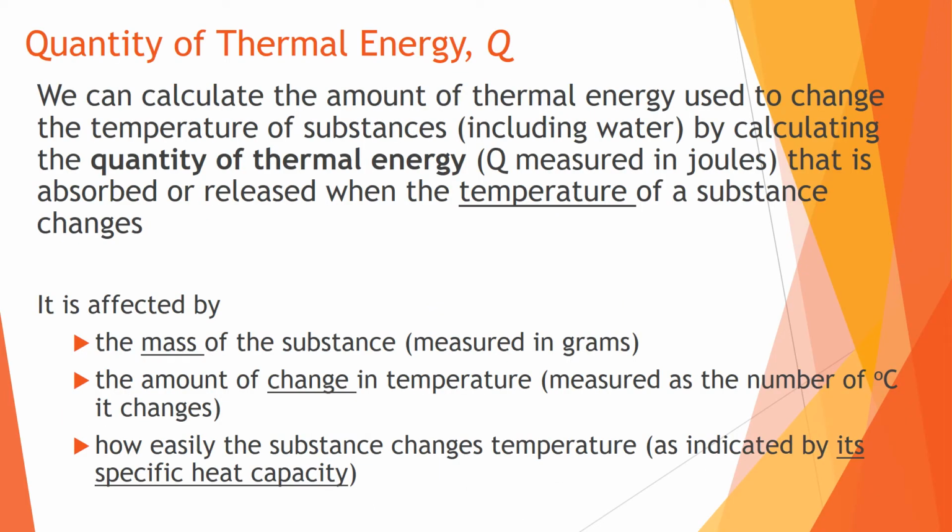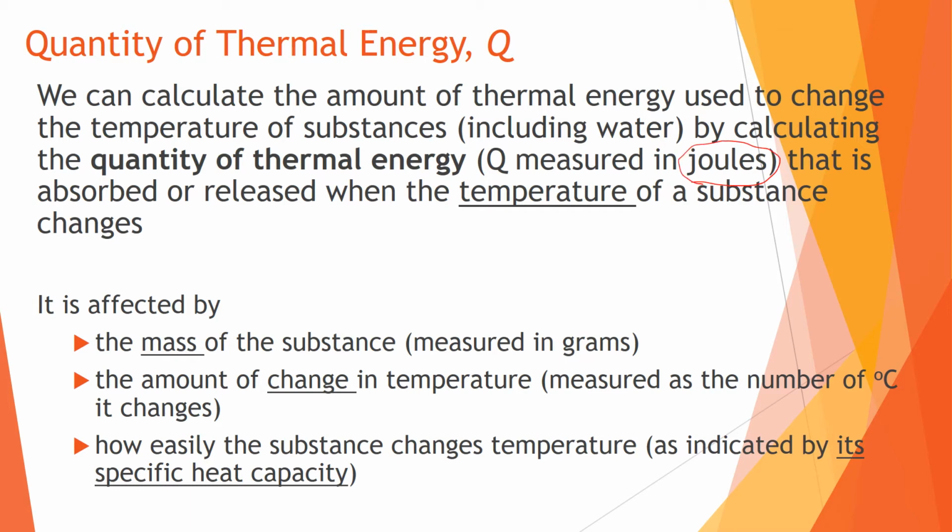So we're going to use specific heat capacity to calculate how much energy it takes to change certain substances' temperatures. Energy is measured in a quantity known as joules. Distance is measured in meters, mass is measured in grams, all that kind of stuff, while energy is measured in joules.